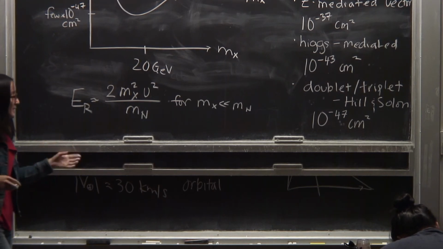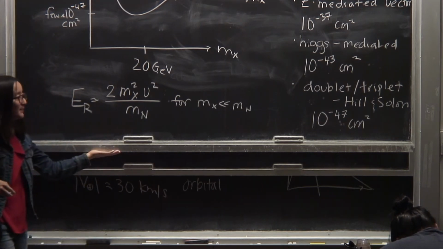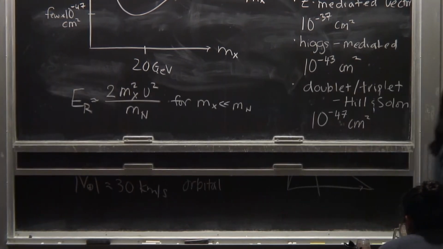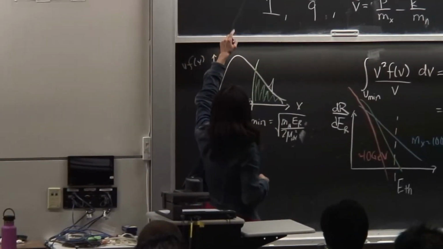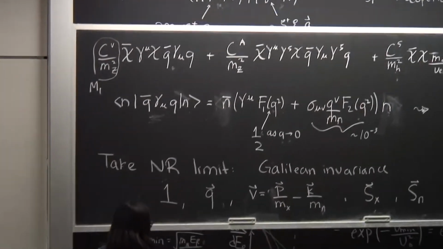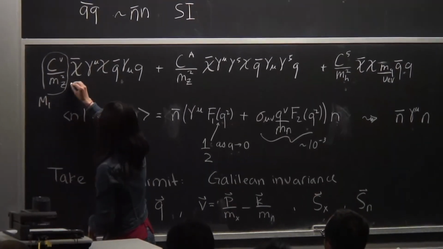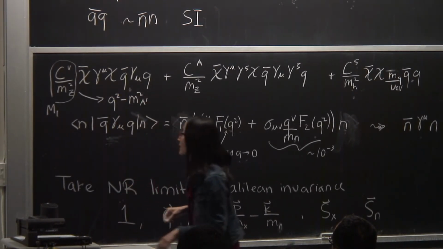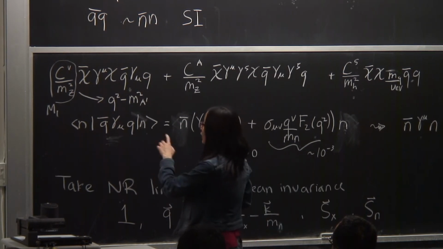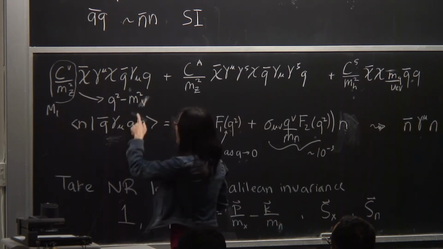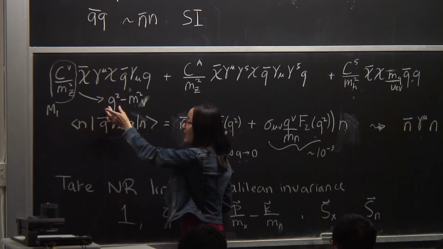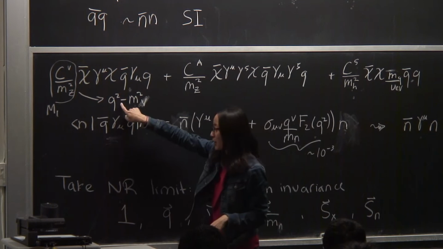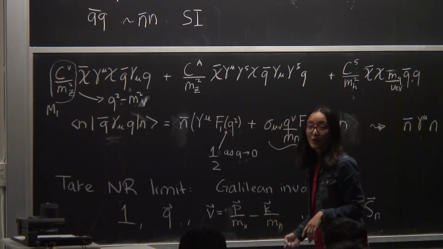It also doesn't capture the fact that I have to include a light mediator, and none of these include any momentum dependence. Whereas if I have a light mediator, I'm going to want to have something like this. It could be that the mediator is sufficiently light that I get just 1 over q squared. 1 over q squared, remember, is basically like 1 over the recoil energy.